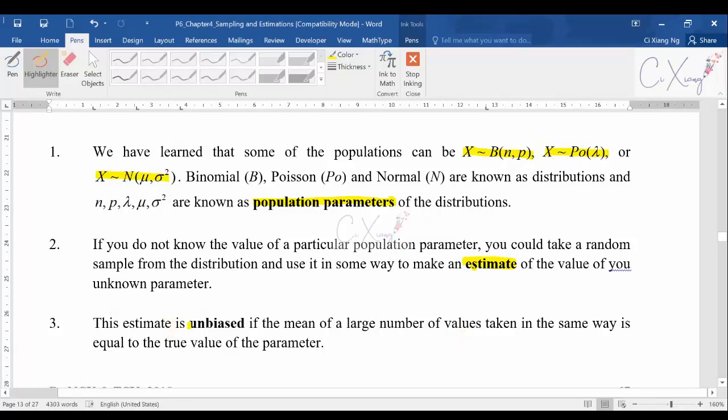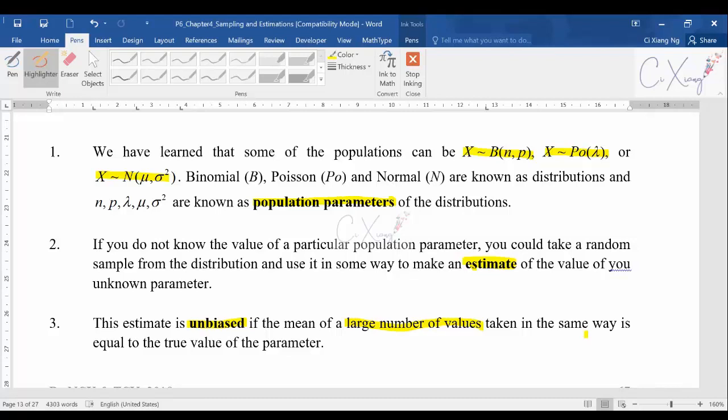The estimate is unbiased if the mean of a large number of values, taken the same way, equals the true value of the parameter. That means when you want to estimate a value of the population, it can be quite accurate if you collect a large number of values from the sample taken in the same way, which is quite close to the original value.